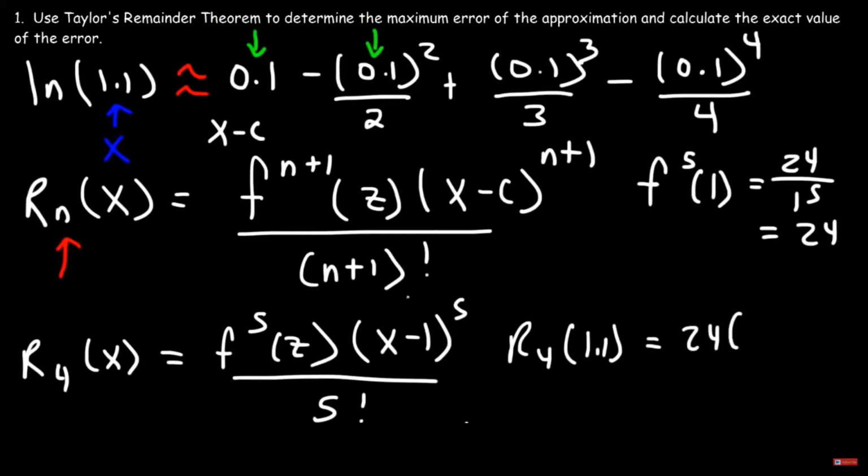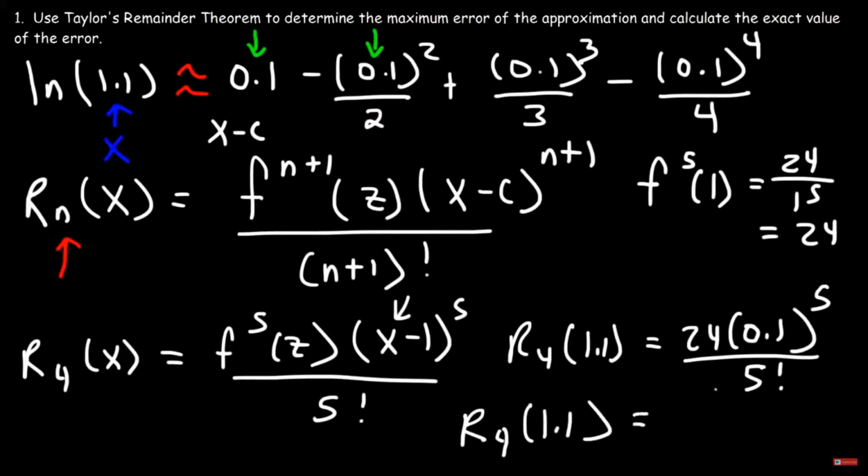And then plugging in 1.1 into x, that's going to be 1.1 minus 1, so simply 0.1 to the fifth power, and then divided by 5 factorial. Go ahead and type that in. So the remainder, the maximum value, is 2 times 10 to the negative 6. So that is the maximum error for this particular approximation.